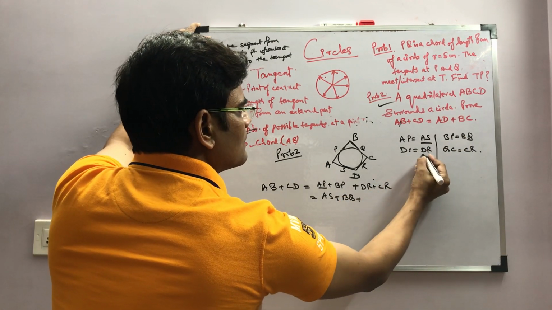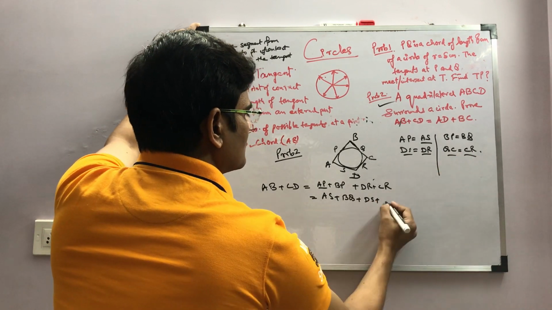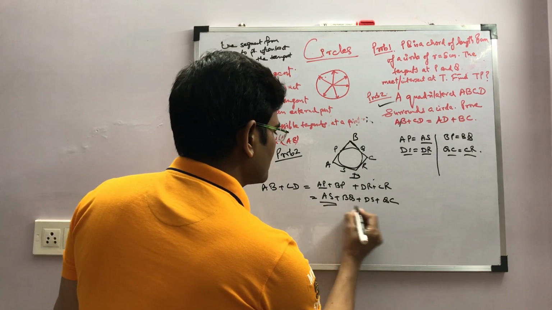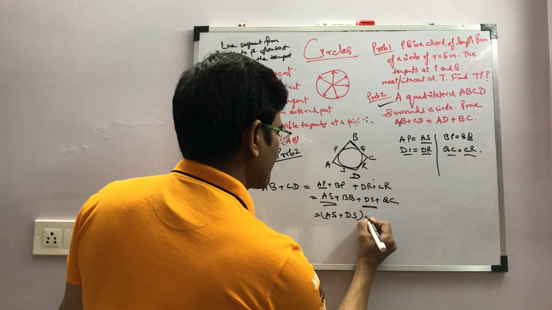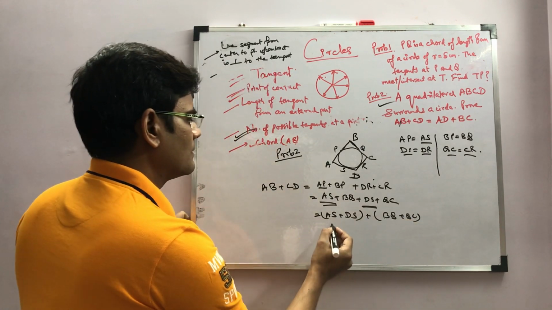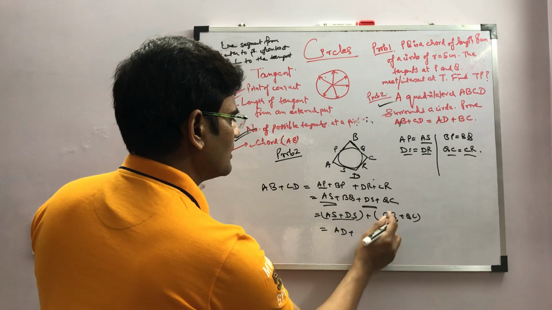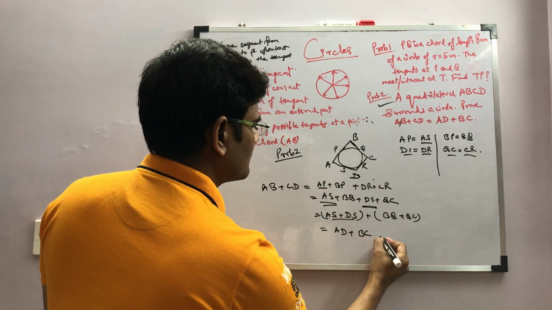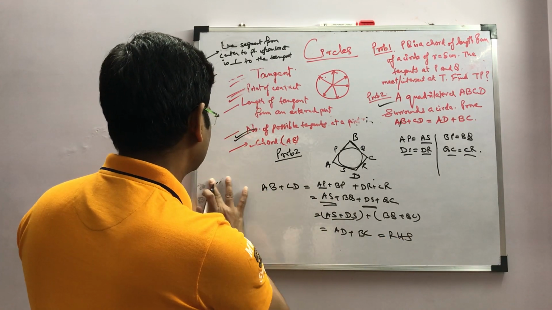DR can be replaced by DS. CR can be replaced by QC. So AS plus DS, BQ plus QC. AS plus DS is AD. And BQ plus QC is BC. Understood? This is LHS.